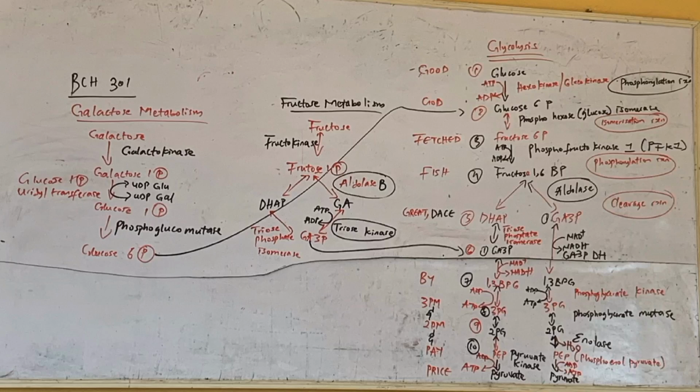And 1 NADH equals 3 ATP. So that is 3 times 2, that is 6 ATP. With the 2 ATP that we generate in step 7, conversion of 1,3-bisphosphoglycerate to 3-phosphoglycerate, and step 10, conversion of phosphoenolpyruvate to pyruvate, making 4 ATP, plus the 6 ATP, making 10 ATP.